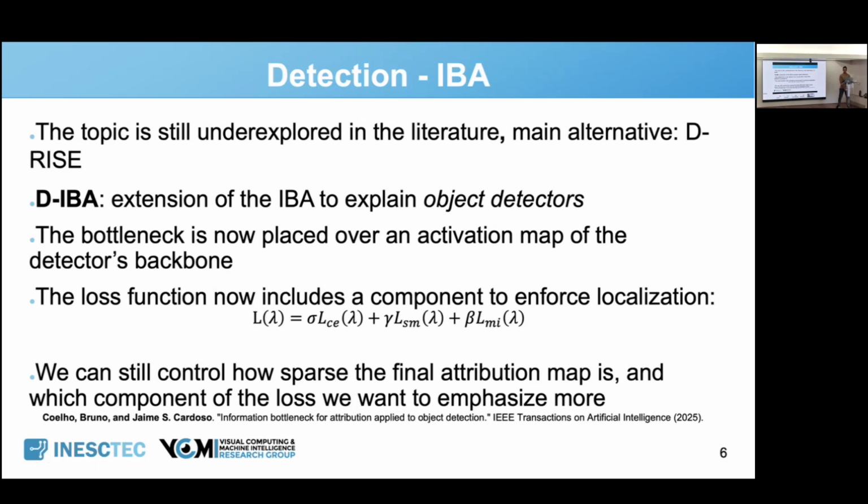This is the smooth L1 loss. Then you try to optimize the bottleneck to address the cross entropy, the L1 loss, and also the mutual information. As before, we have beta to control how strict the bottleneck is, and you also have sigma and gamma to control which aspect of the loss you want to emphasize more: the semantics using the cross entropy, or the position using the L1 loss.